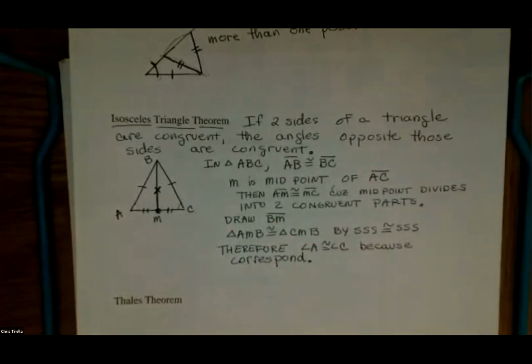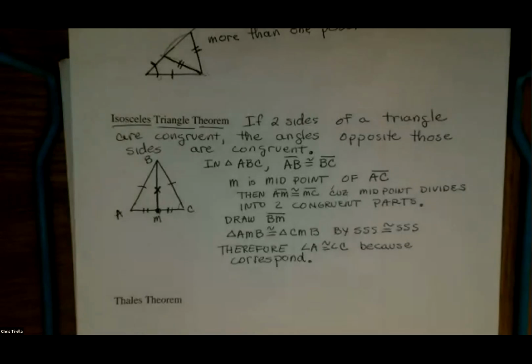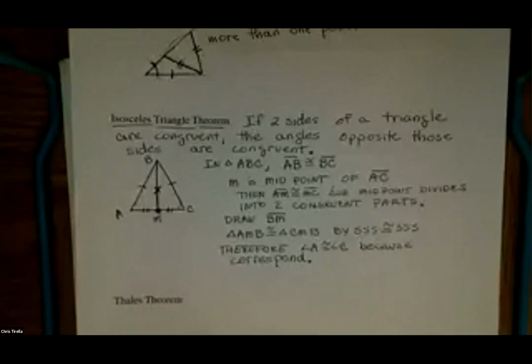And so we've shown that if we have a triangle with two congruent sides, then those opposite angles must be congruent. Thoughts? And that's one way of proving something's true.